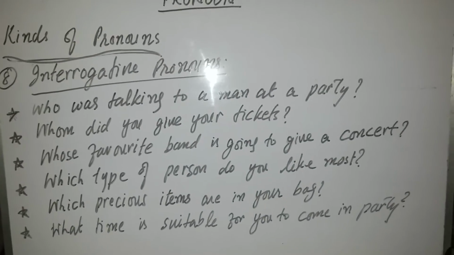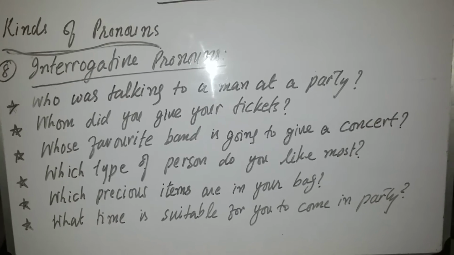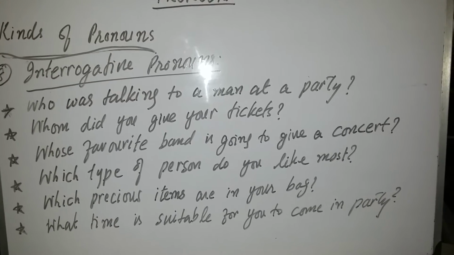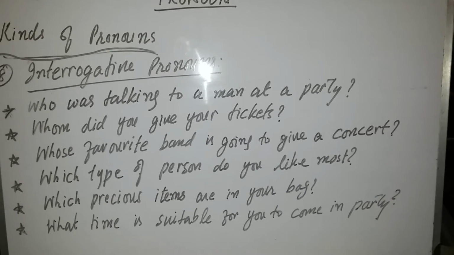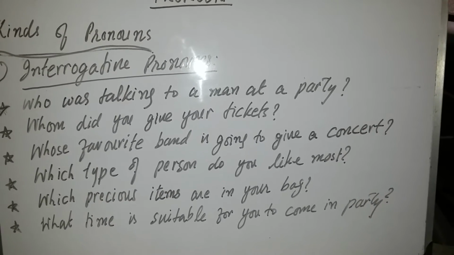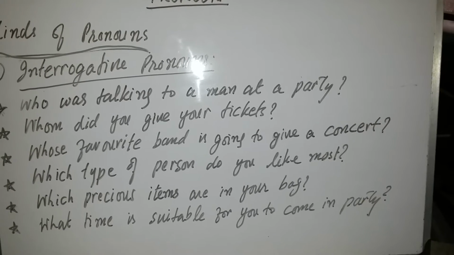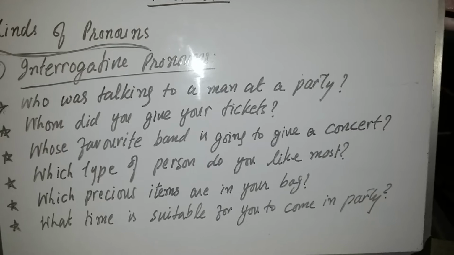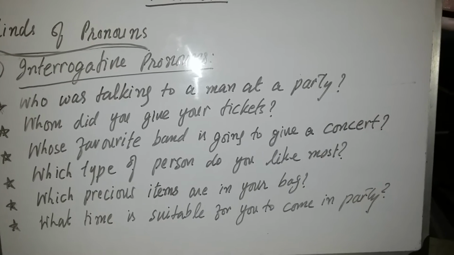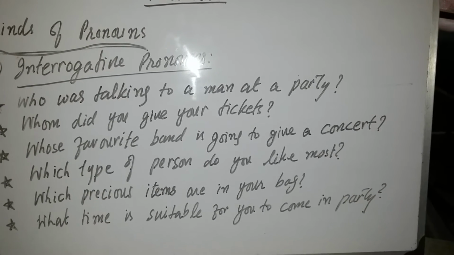These are examples of interrogative pronouns. Who was talking to a man at a party? Whom did you give your tickets? Whose favorite band is going to give a concert? Which type of person do you like most? Which precious items are in your bag? What time is suitable for you to come to the party?